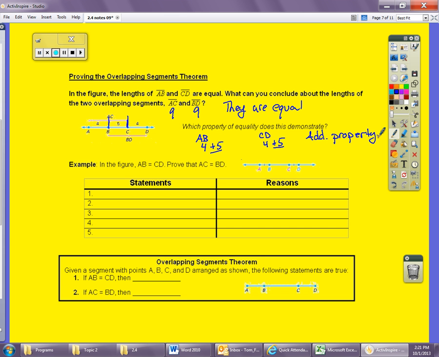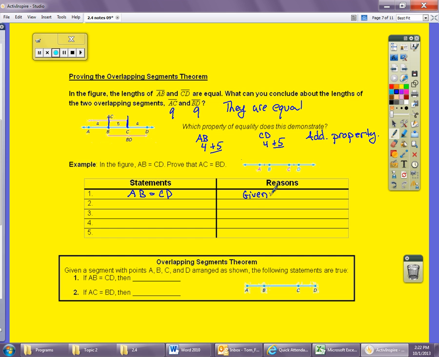So now we have this figure, AB equals CD, and we want to prove that AC equals BD. For the statements, the first thing we always do is write down what we're given. So we're given AB is equal to CD. Our reason: it's given. Now we want to get all the way down to AC equals BD.